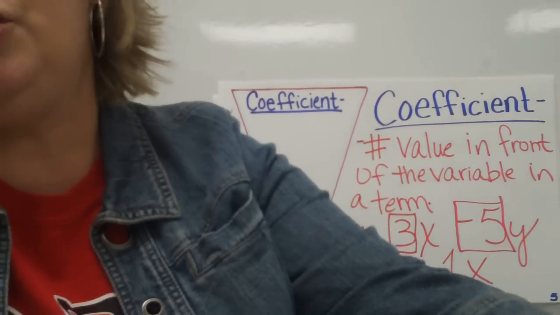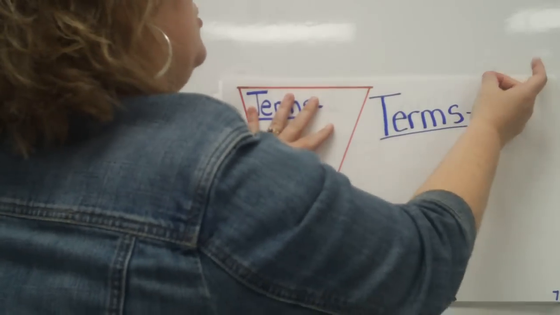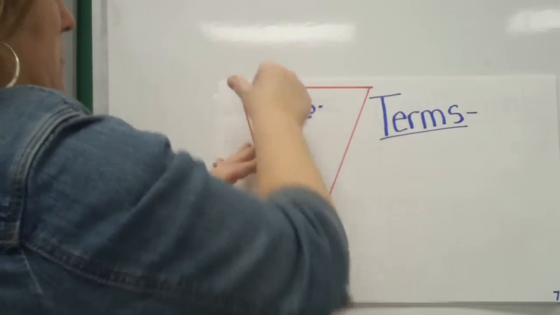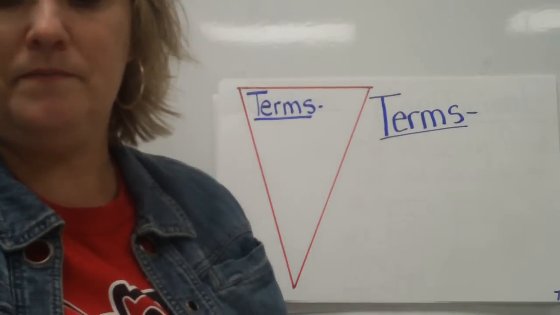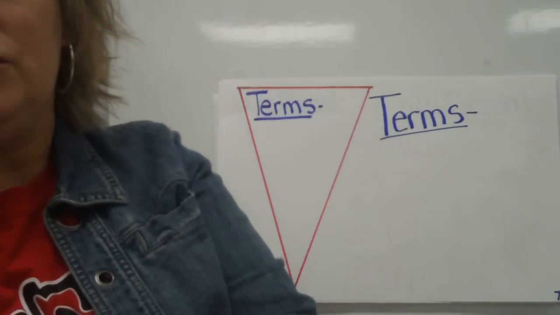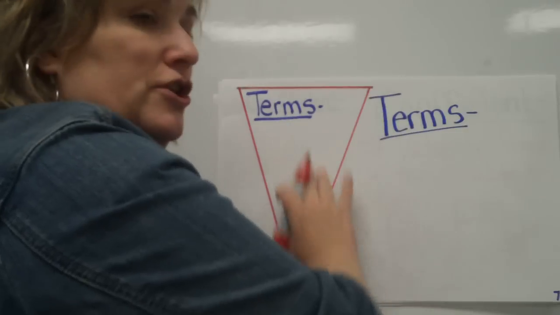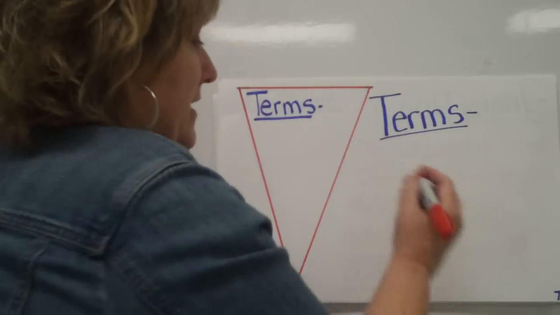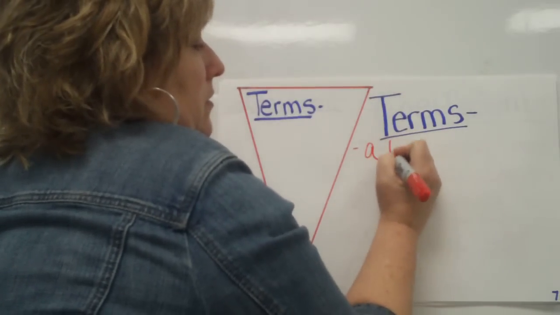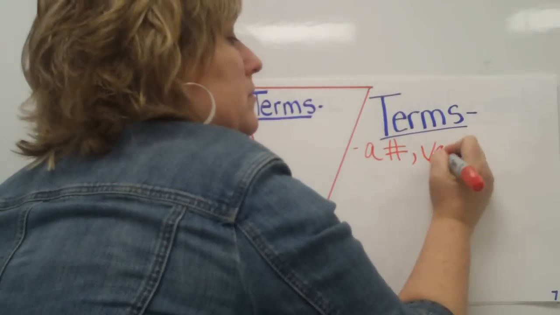is the terms. So the next pie piece should be terms. For a term, this is a little bit more in depth, so make sure you leave plenty of space there in your pie. But a term is a number. It could be a variable.